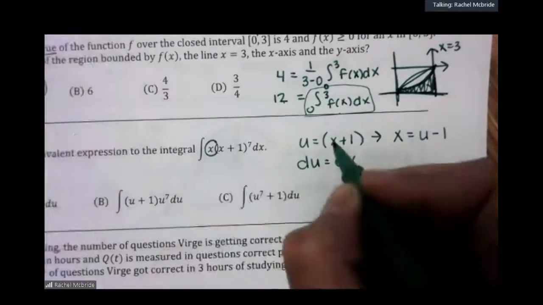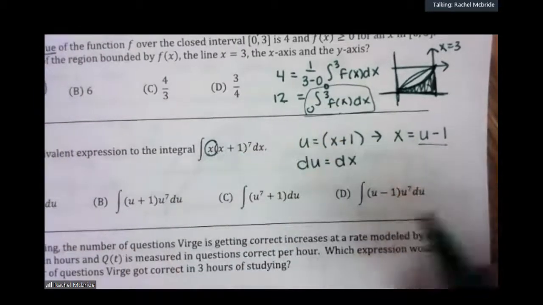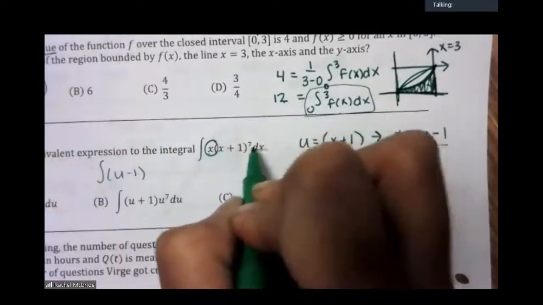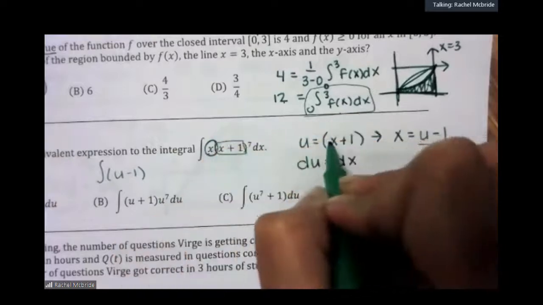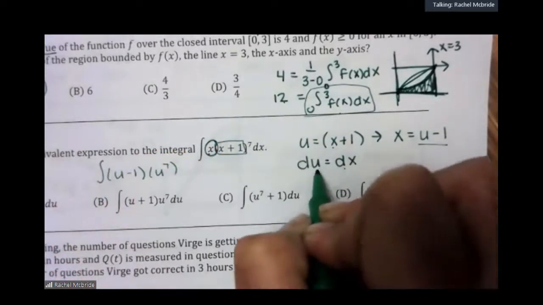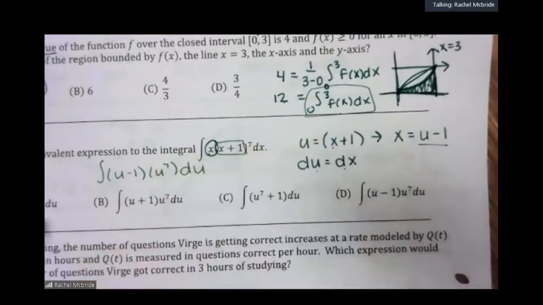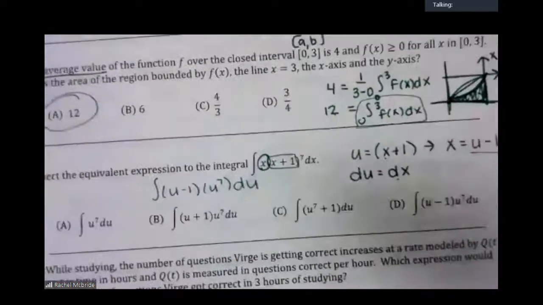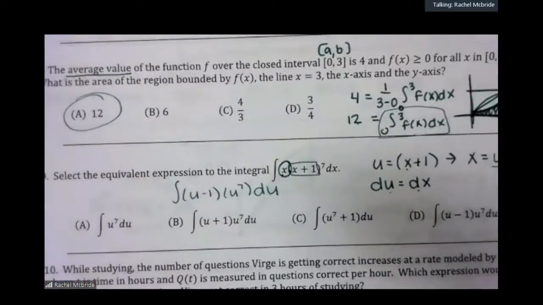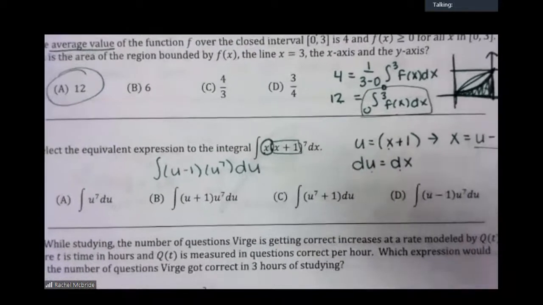So then I'm going to replace this x with u minus 1, replace the x plus 1 with u, and dx with du. So the equivalent expression would look like that, which is answer choice D.